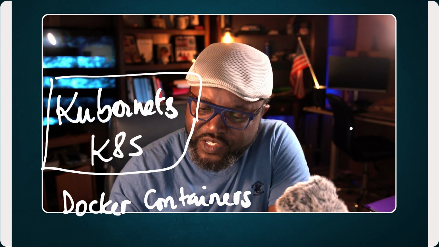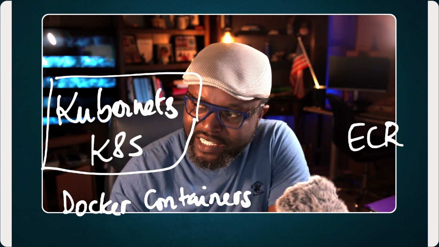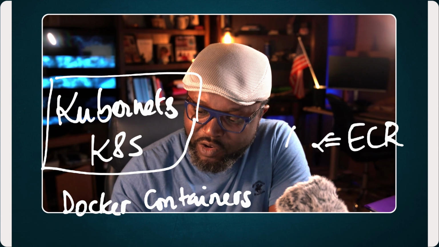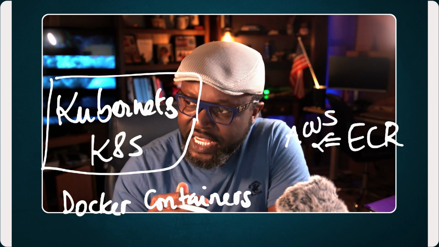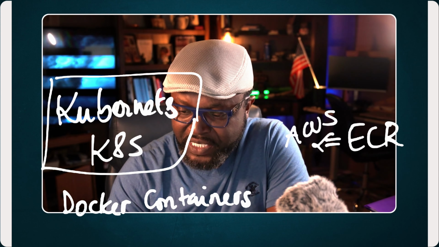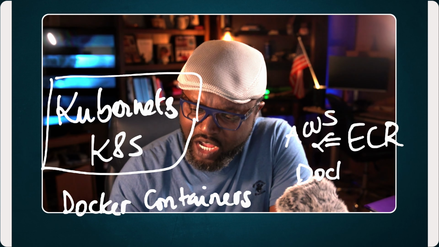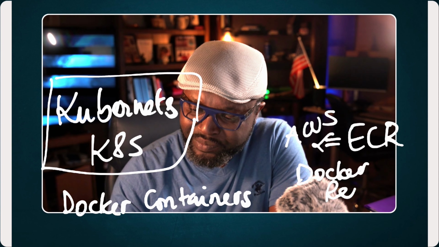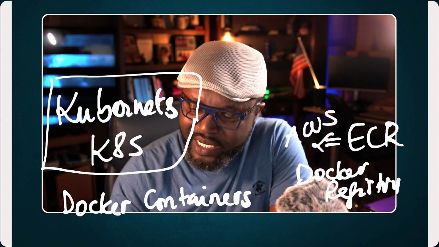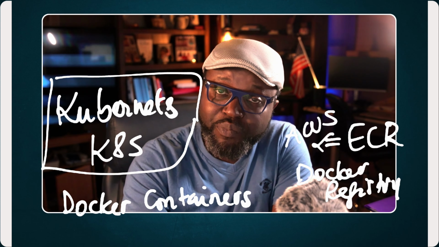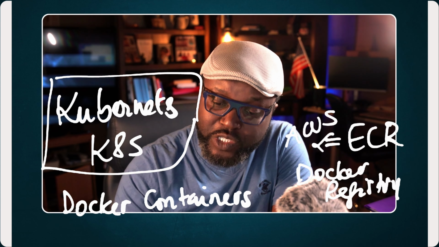Elastic Container Registry, that's ECR, and this is for AWS. So you find it on AWS, that's Amazon Web Services, or you can find it on the Docker registry. And there are so many other places where you can go and get those images.